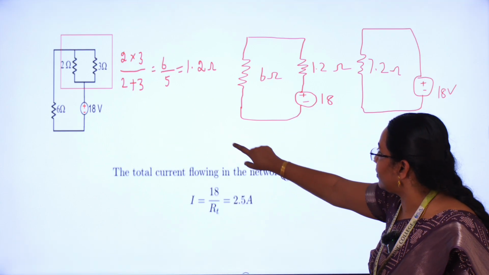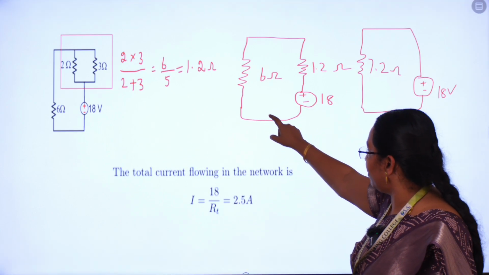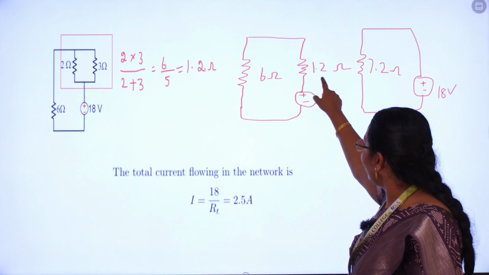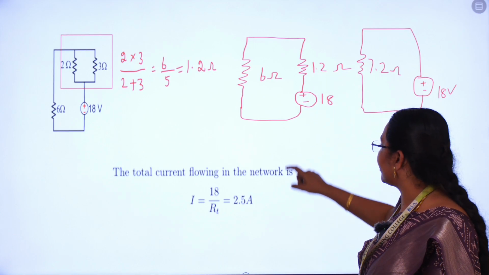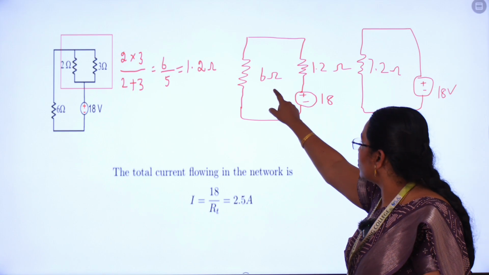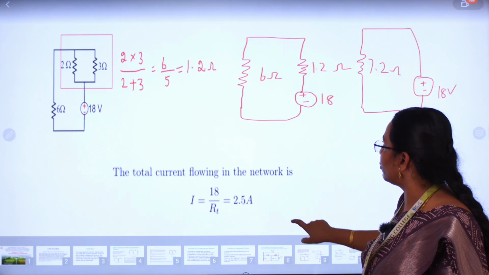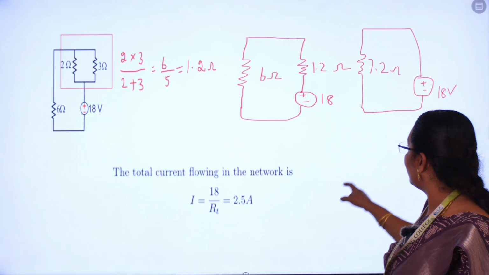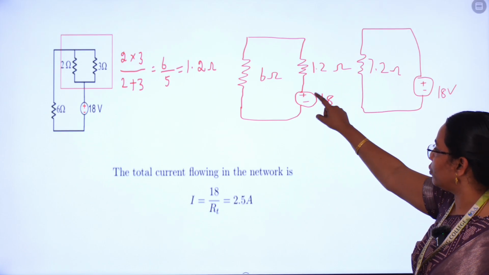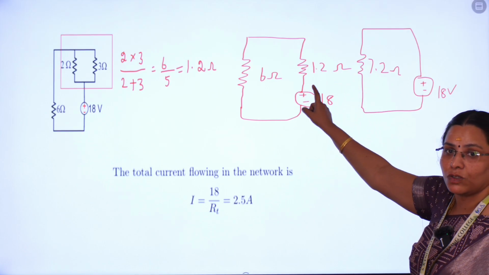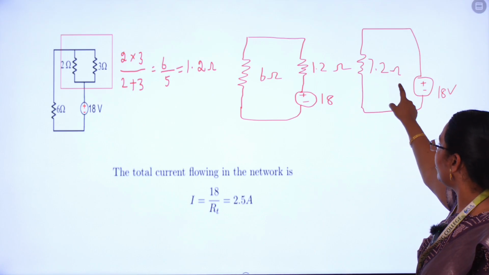Now we have to redraw the circuit: 6 ohm and 1.2 ohm with the 18 volt source. This 6 ohm as well as 1.2 ohm are connected in series. So the total in series is just the sum of the two resistance values: 6 plus 1.2 equals 7.2 ohm.